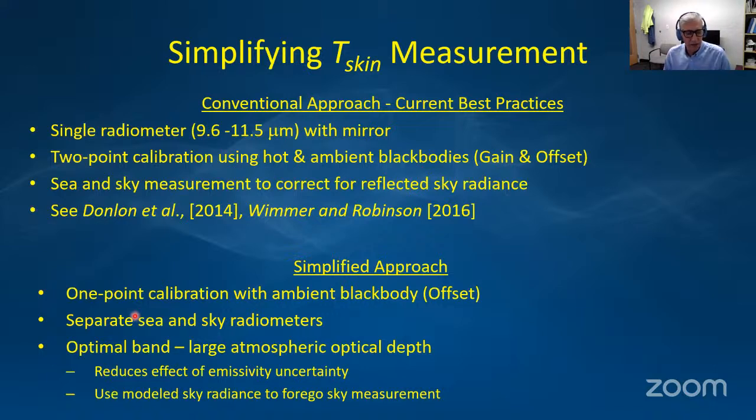And another development that I think is really promising is to use an optimal band, which is a technique that's used by the MARI, the instrument that Peter Minnett uses, where we use a waveband with a large atmospheric optical depth. And this, as I'll show later, reduces the effective emissivity uncertainty, and also provides the possibility of modeling the sky radiance based on temperature and humidity on the ship, or on the platform, I should say, which is appropriate for USV and buoy deployment, to forego the sky measurement.